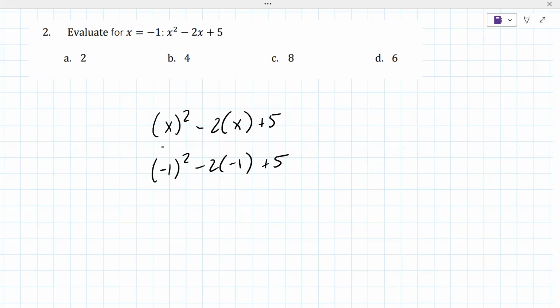All right, I'm back. Do you have an answer for me on this one? Yeah, 8. It is 8. Very good. Okay, so let's try another one here. Free response.